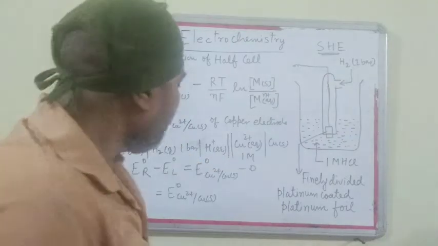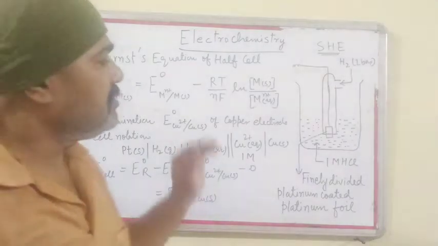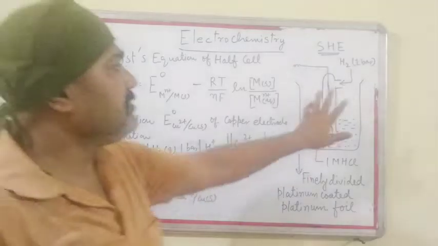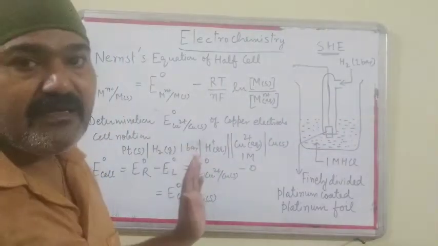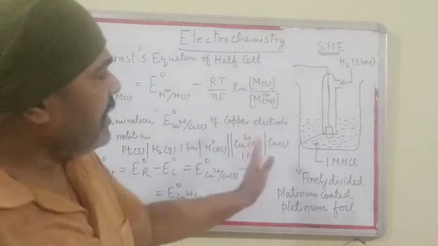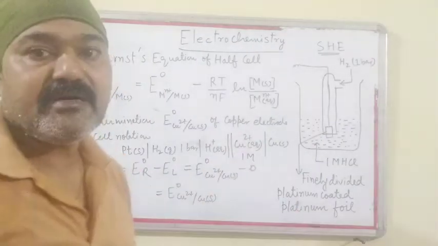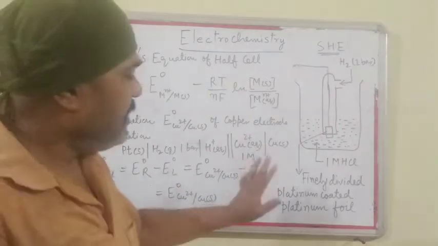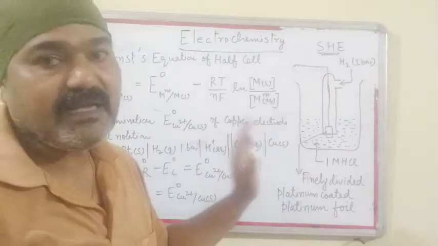Now to find the standard electrode potential of any half cell, this standard hydrogen electrode is put on the left side. On the left side it works as anode, and the half cell whose standard electrode potential is to be found out is put on the right hand side, and on the right hand side that half cell will work as cathode.